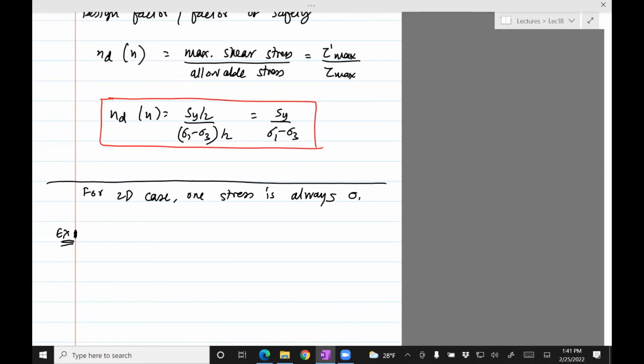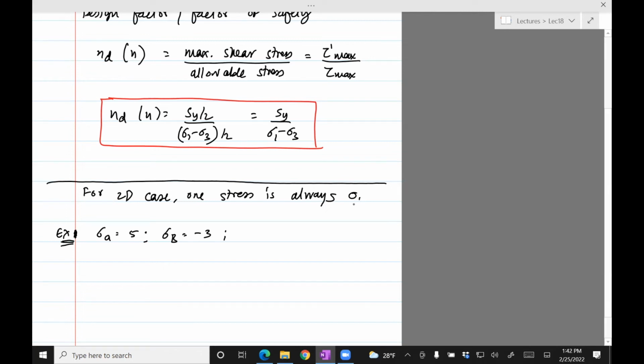Say I'm given the stresses as follows: sigma A equals 5, sigma B equals -3. Remember, these stresses come from the Mohr circle, or if you have the plane stress element, you can use the transformation equations to find the principal stresses. In this case, you'll convert that to a 3D case.